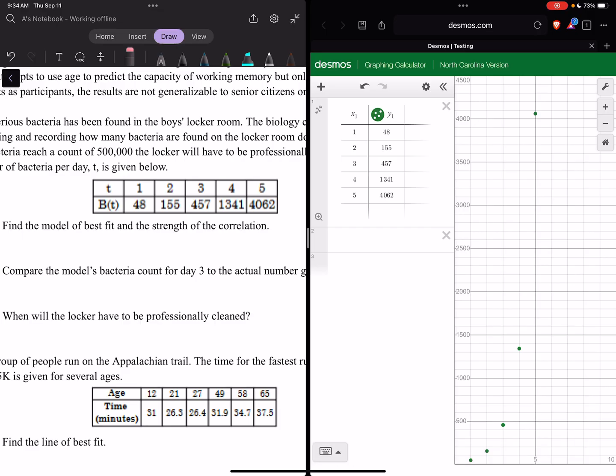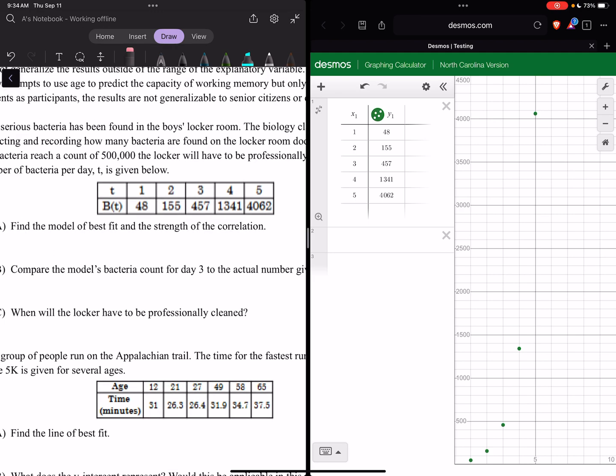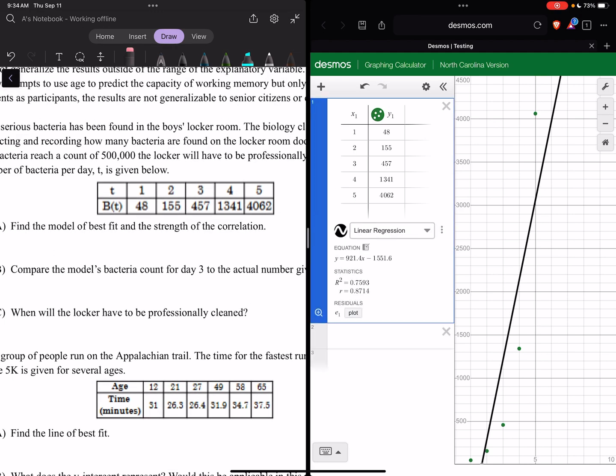Okay, there's my picture. By looking at this diagram, to me this looks like exponential growth. I might be wrong, but at the same time, this gives me a good mental idea of what it might be. All right, I'm going to use the function on the top left, if you didn't see how I did that.